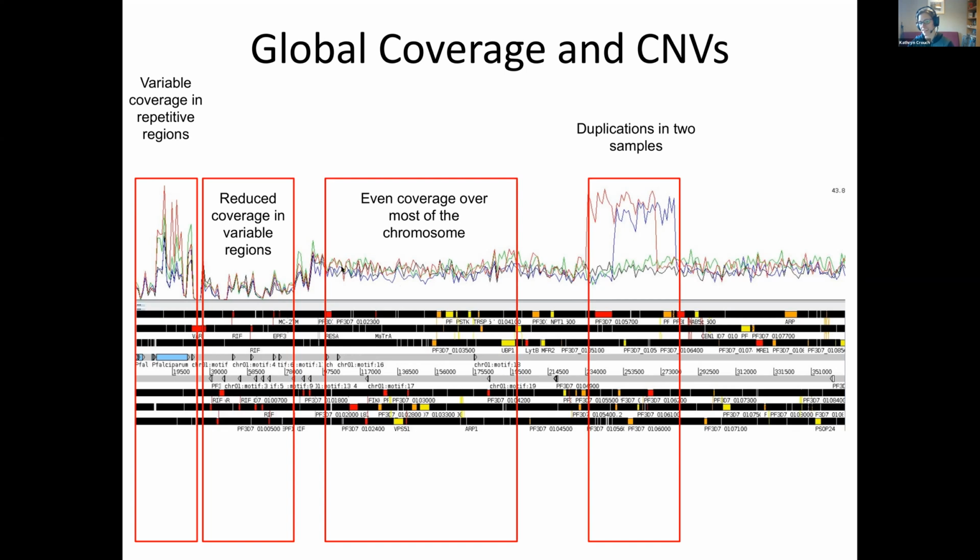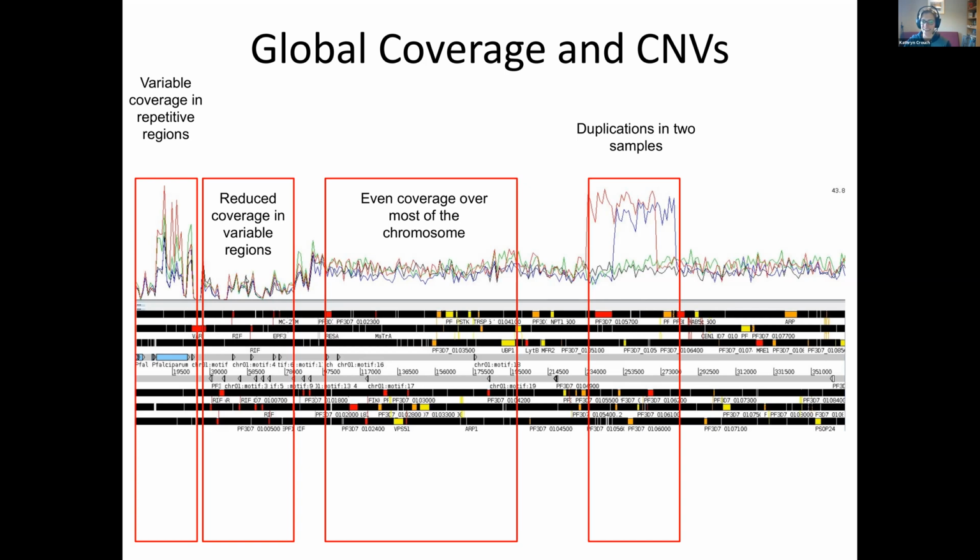You can also see what I was talking about here: it is broadly even, but on a small scale, it goes up and down a lot. That's very likely related to the GC content of the genomes. On the left-hand end of the chromosome, we have, first of all, a very repetitive region, followed by the region that encodes a lot of RIFINs.